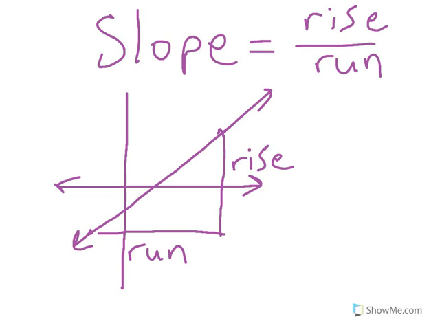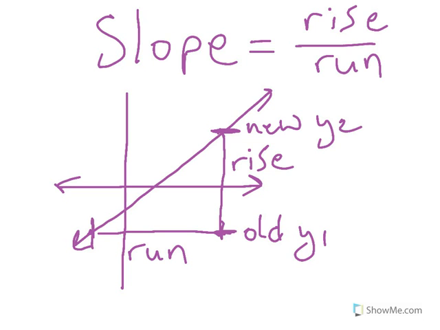But how do you calculate these numbers? Well, they're both differences. The rise is going to be the difference between the new y value and the old one. Now, the old one happened first, so by convention we call the old y value y1, and the new y value is then called y2. It works the same way for the x's.